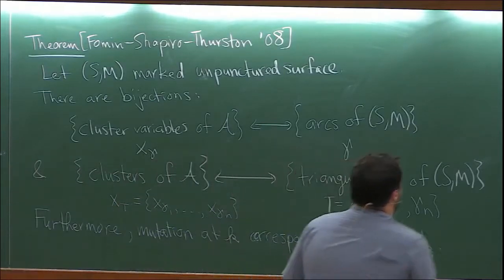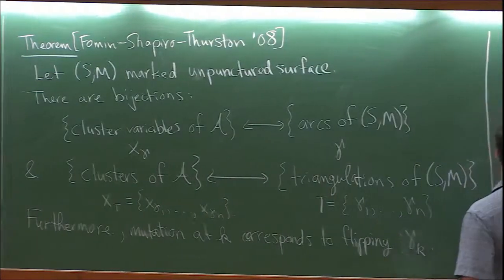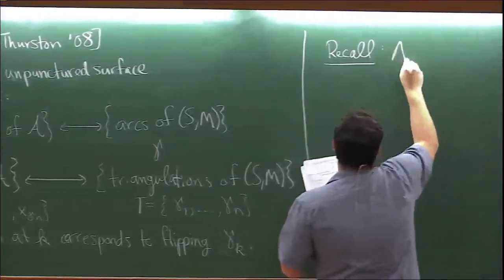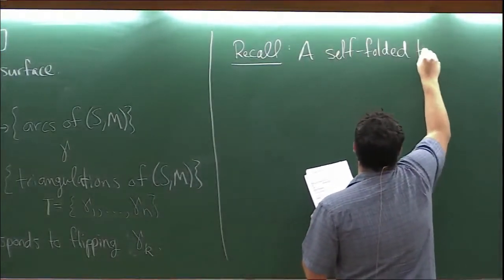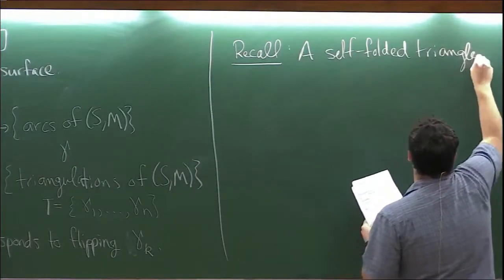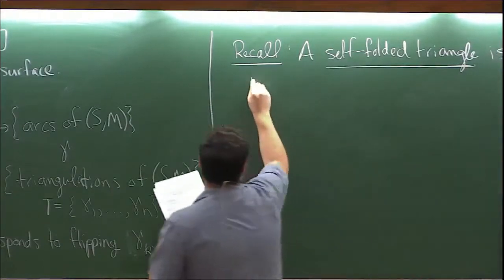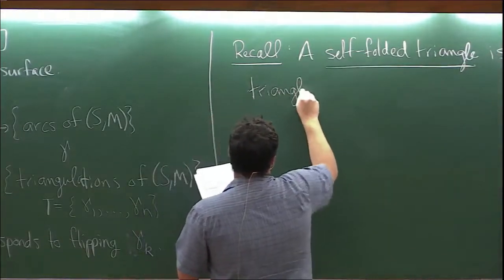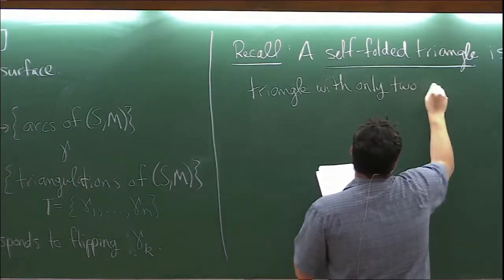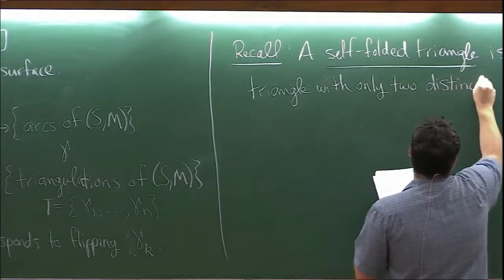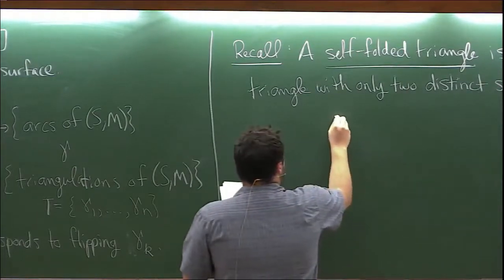Okay, so let's recall the notion of a self-folded triangle. So a self-folded triangle is a triangle with only two distinct sides. Okay, so here's what it looks like.